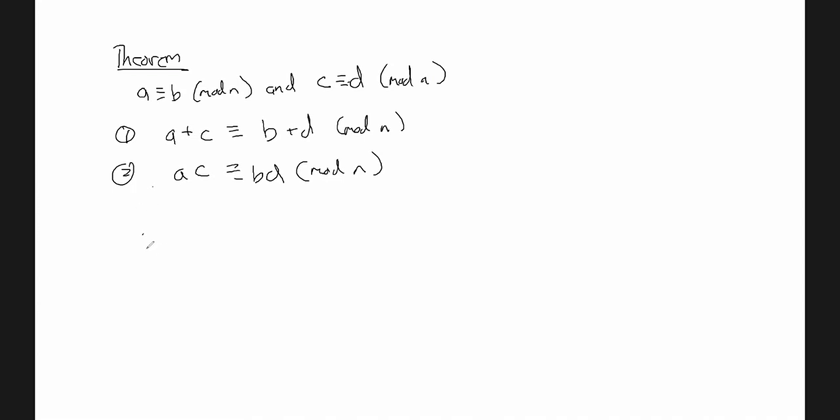They notice that 7 is congruent to 2 mod 5, and 11 is congruent to 1 mod 5.